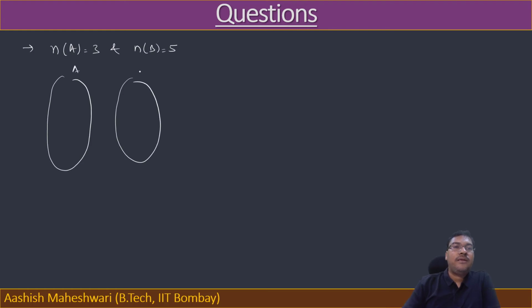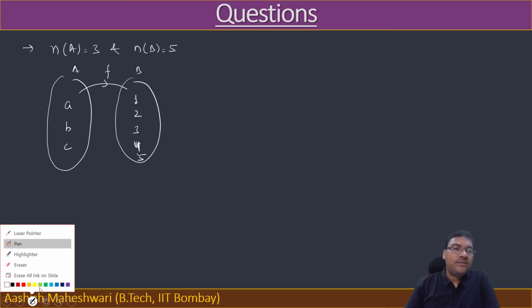Let's say this is set A with elements A, B, C, and this is set B with 5 elements: 1, 2, 3, 4 and 5. We are defining functions from set A to set B.